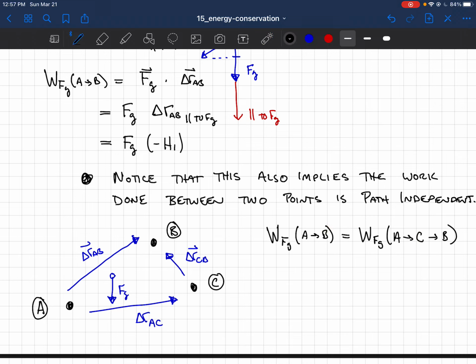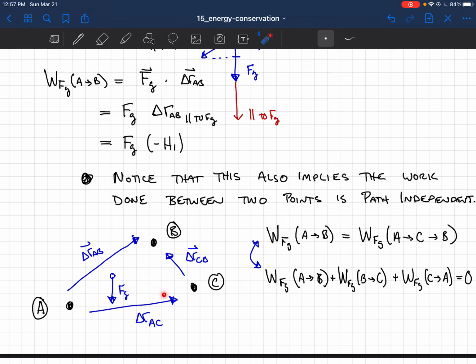So this is exactly equivalent to the work done by the force of gravity from A to B, plus the work done by the force of gravity from B to C, plus the work done by the force of gravity from C to A. And if those things are equal, then that would turn out to be 0. So these two expressions are exactly the same thing, as you can see in this picture.